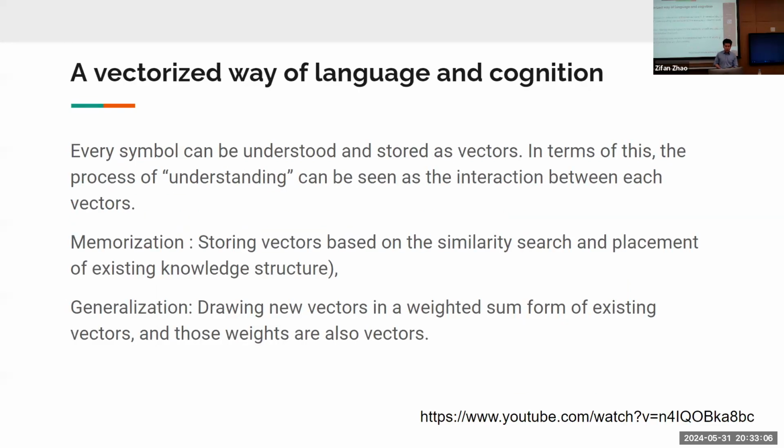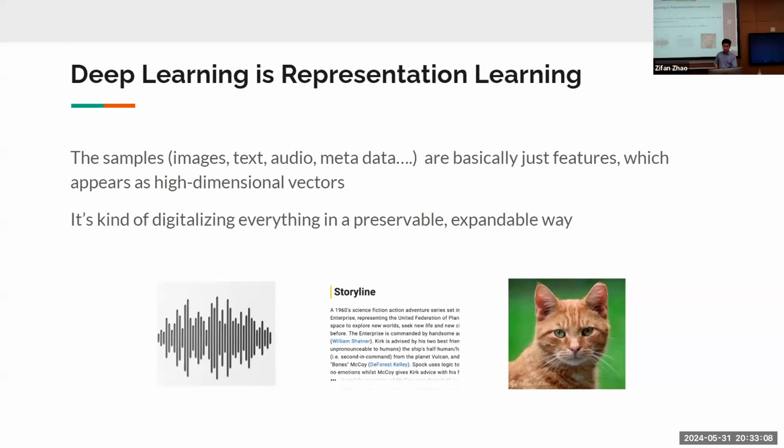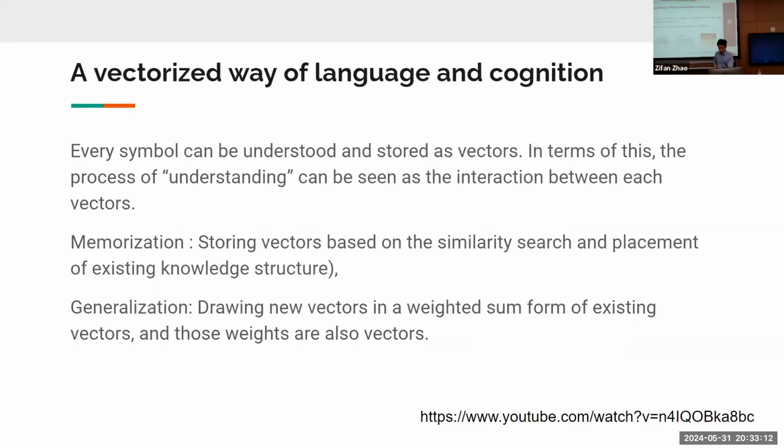Based on the representation learning intuition we have from this slide, I want to introduce a very interesting way to view language and cognition in our brain. Because, as I said before, everything, whether image, text, or audio, can be stored and understood as vectors, as features.